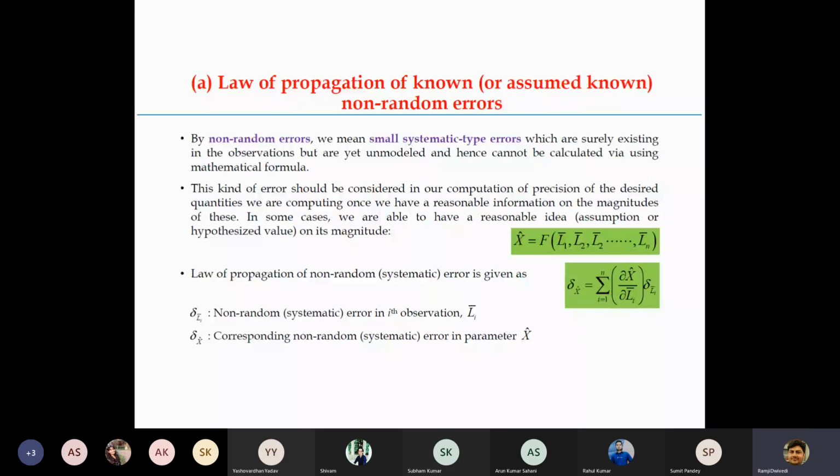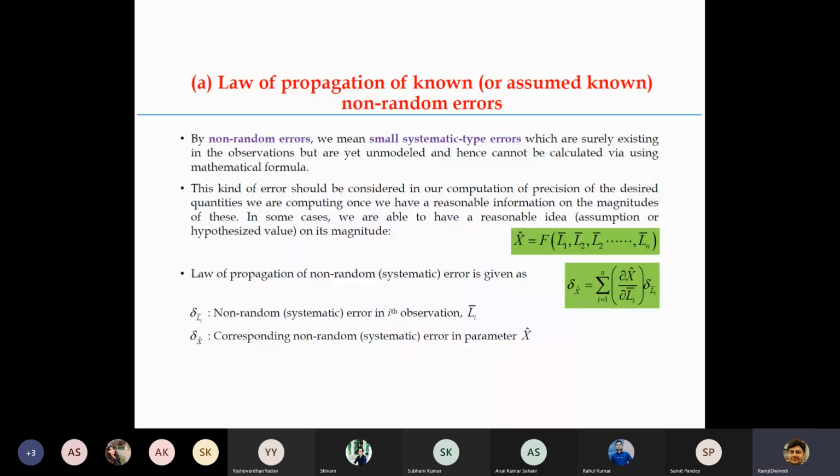So del Li bar is nothing but the non-random systematic error in the ith observation, and del x hat is nothing but the corresponding non-random systematic error in the parameter. So it is basically relating the parameter with the observation.